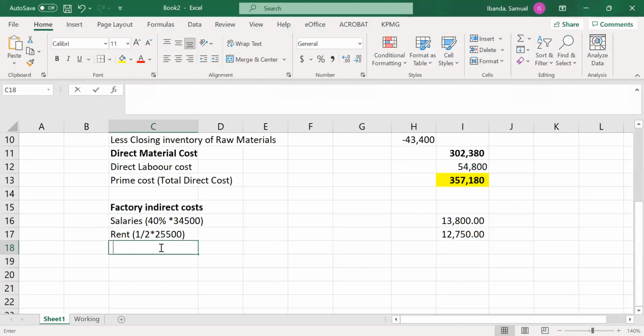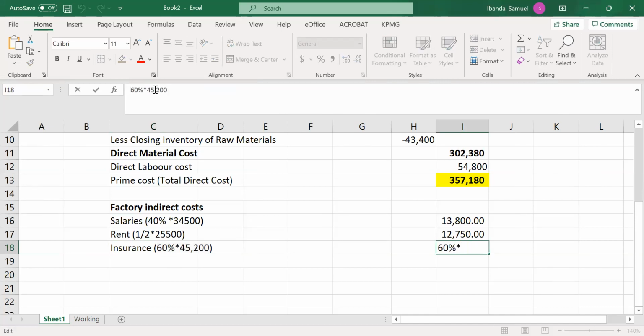So when I come here, I'm going to do insurance, 60% times the 45. So this one I've not drawn up an account because I didn't have anything of prepaid and accrued.